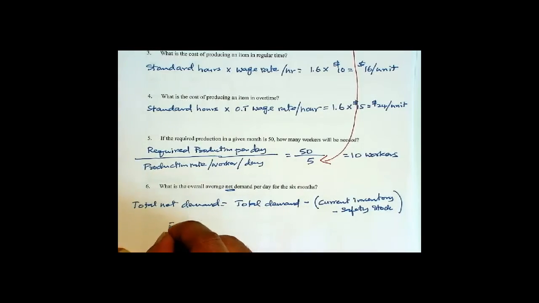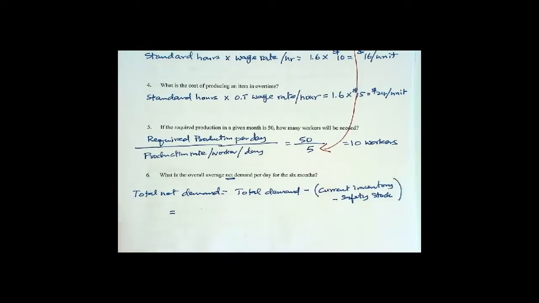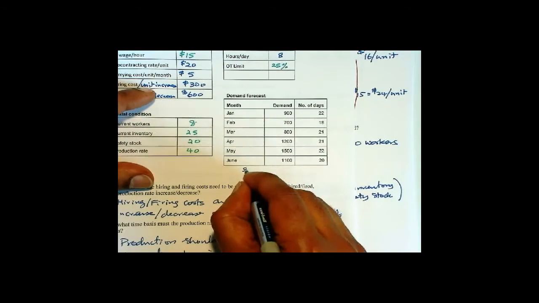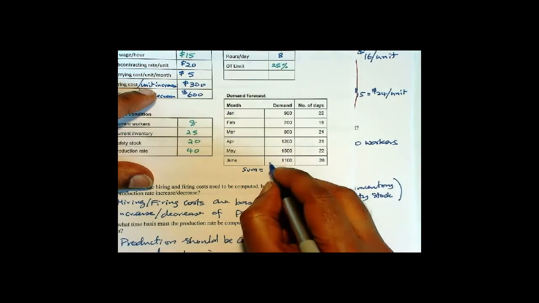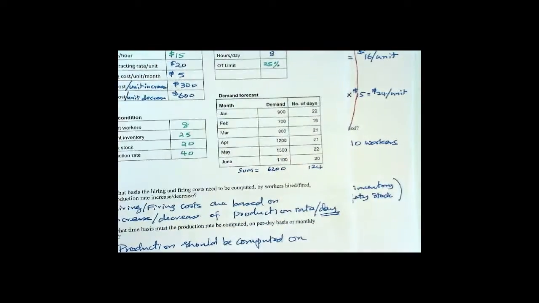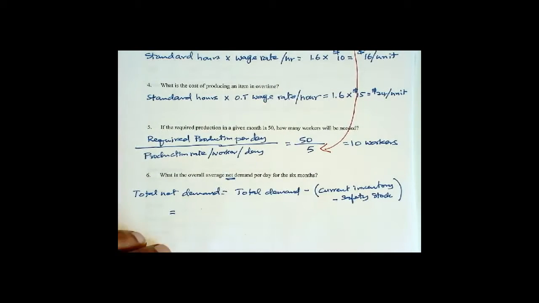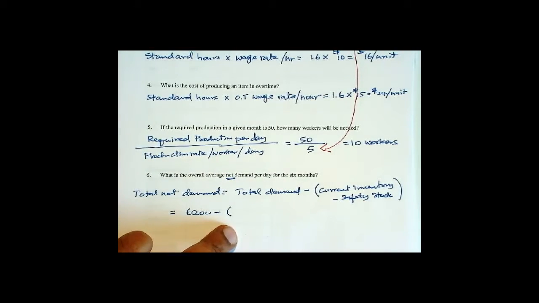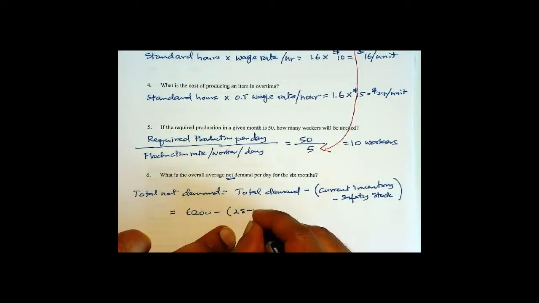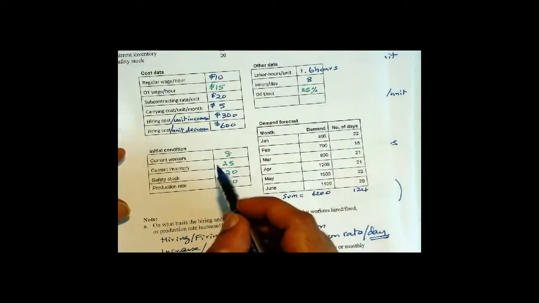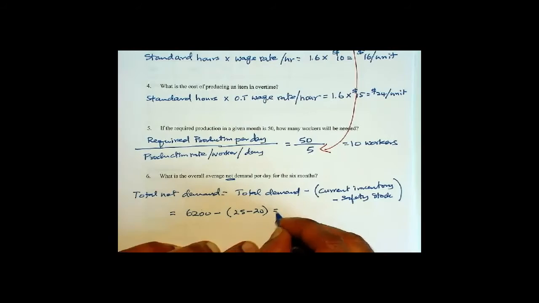So what is the total demand? We already added all this in our PowerPoint presentation. So this sum is 6200 and this is 124 days. So 6200 minus our current inventory, which is 25, minus safety stock, which is 20, is equal to 6195.